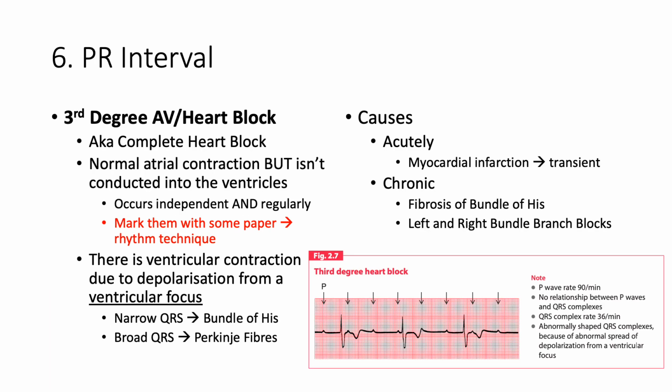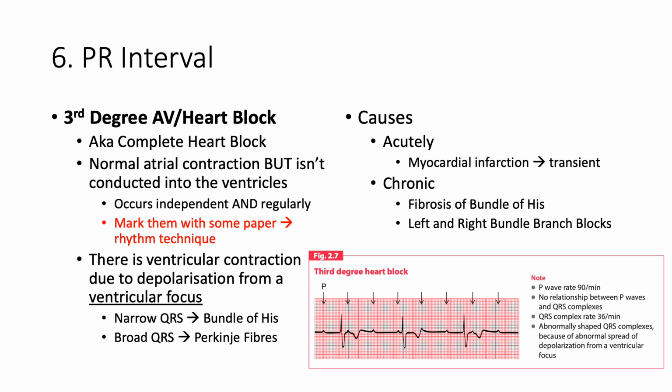All right. Third degree heart block, it's also called complete heart block. It's when your atria contract normally, but it doesn't get through to the ventricles, and then just below the AV node, at the bundle of His is where your next conduction will generally come from if it's narrow, which I've written here.